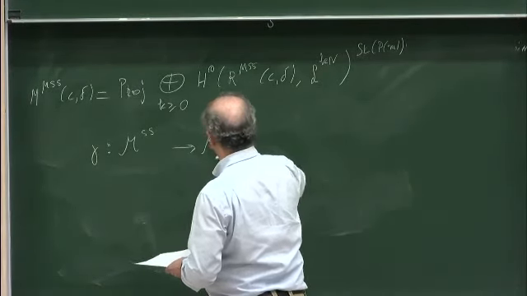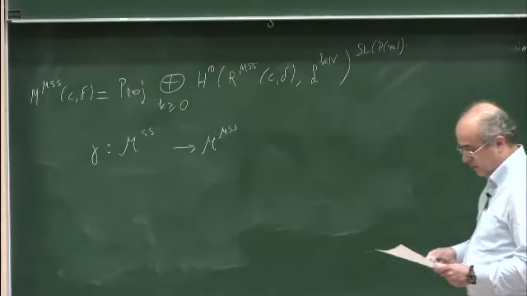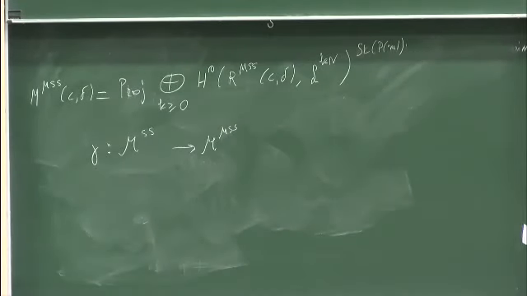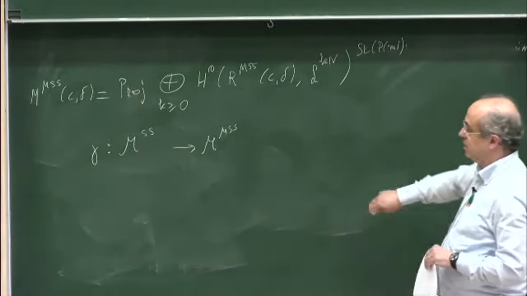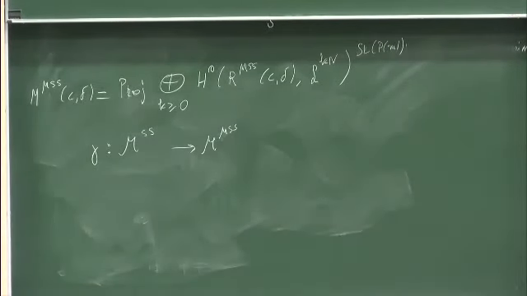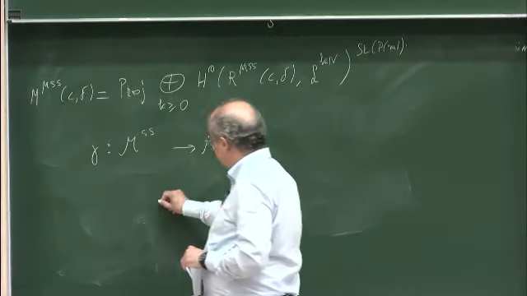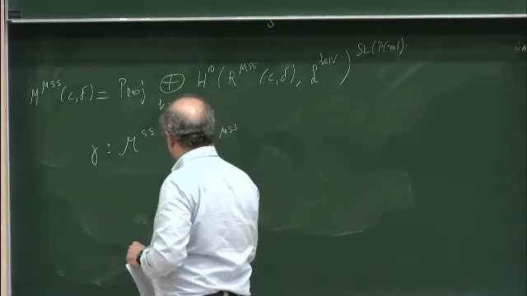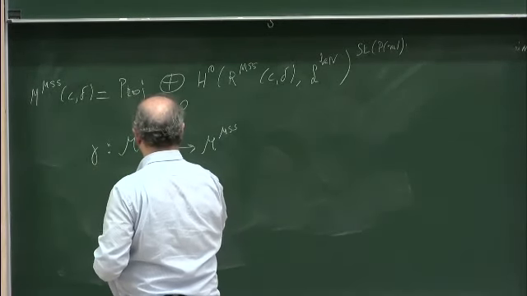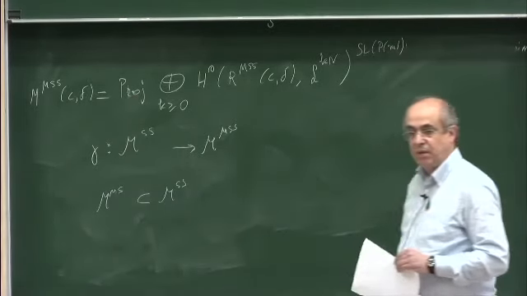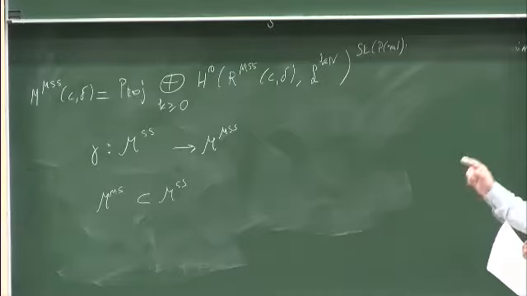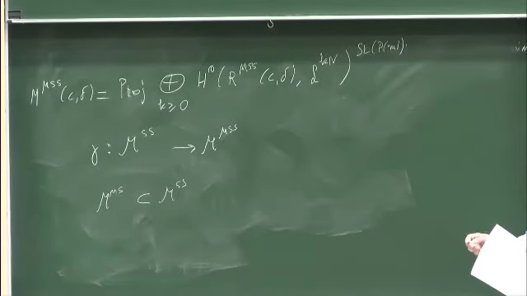I will drop the c's and delta. You have a map like this, gamma, and you can study the fibers of this map. This is what I will do in a moment, and this will give rise to a stratification. You can prove the following, by the way. Inside M^ss, you have the subscheme of the mu-stable, and gamma restricted to this open subscheme is an embedding.